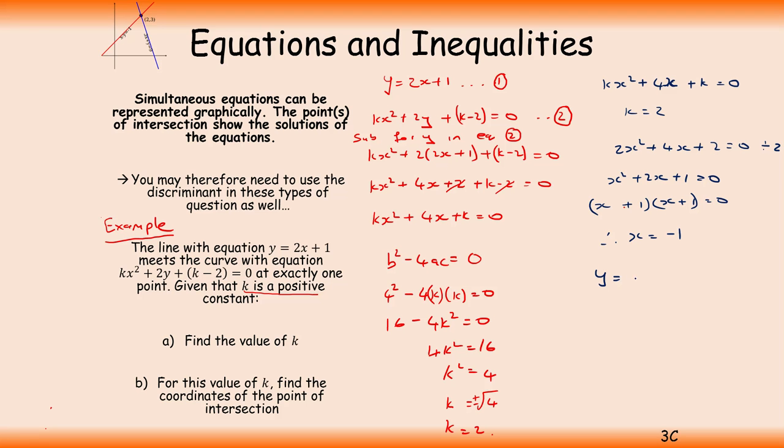Now y is given by 2x plus 1, which means it's going to be equal to 2 times minus 1 plus 1, which is minus 2 plus 1 equals minus 1. So the point of intersection is minus 1, minus 1. So you can hit pause, make some notes, and we'll move on.